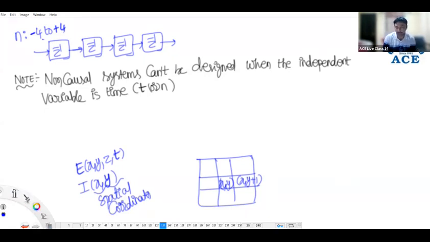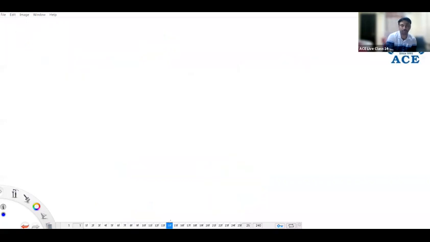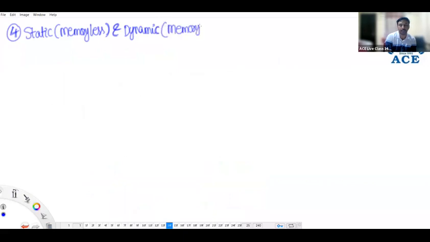Let us discuss the next system. Fourth one: static or memoryless or instantaneous. All have the same meaning. Static, memoryless or instantaneous versus dynamic, with memory.